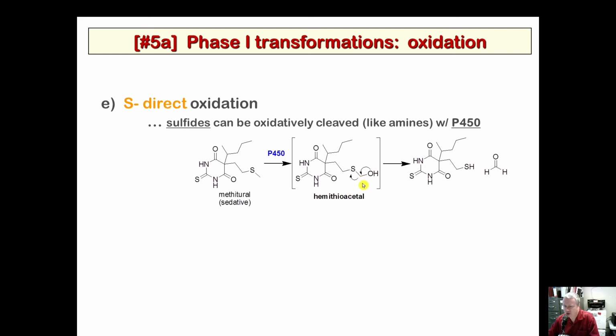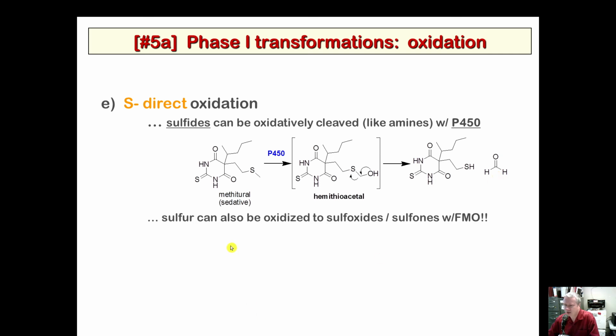It's a sulfur version of an acetal, but it's the hemi version because it's got an OH. A thioacetal would be if you have a carbon with two sulfurs on it. That's called a thioacetal. Anyway, this is a hemithioacetal. And then just plain old dealkylation. The oxygen kicks off the sulfur. You get a thiol out and formaldehyde.